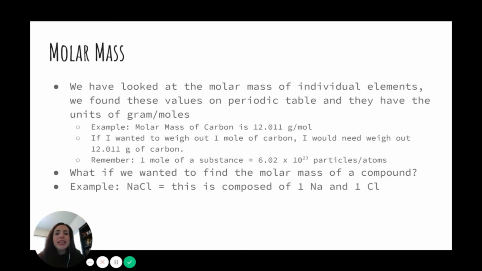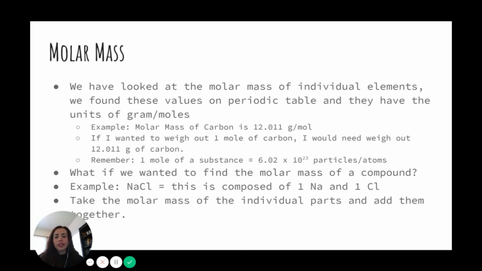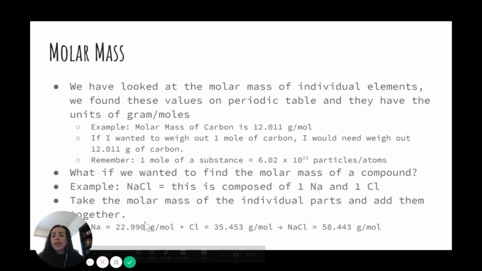So all we need to do once we know what makes it up is look at our periodic table and add up those individual parts together. So I'm going to take my 1 sodium and add it to my 1 chlorine and I'm going to get the mass of my sodium chloride. If you look at the bottom, sodium has a molar mass of 22.99 grams per mole.